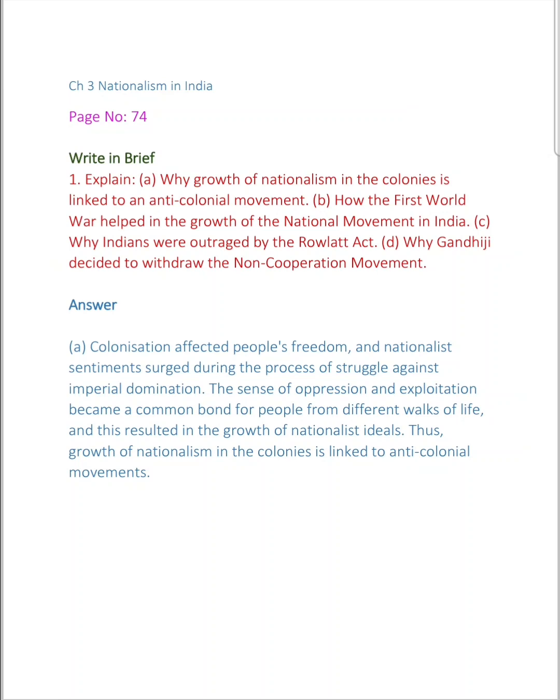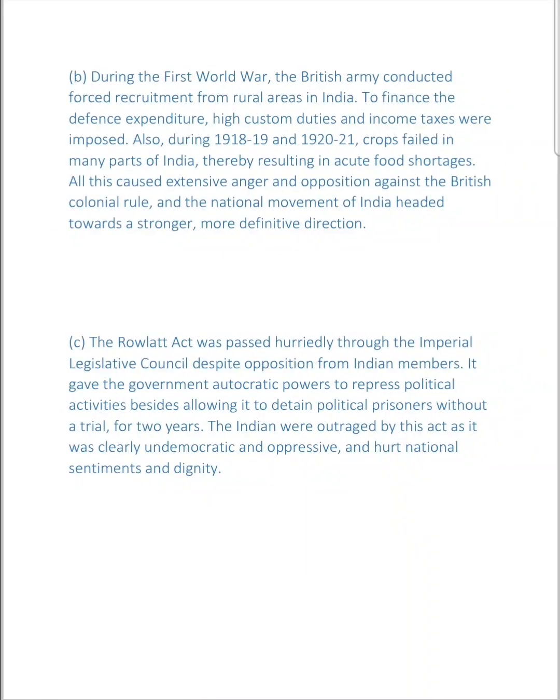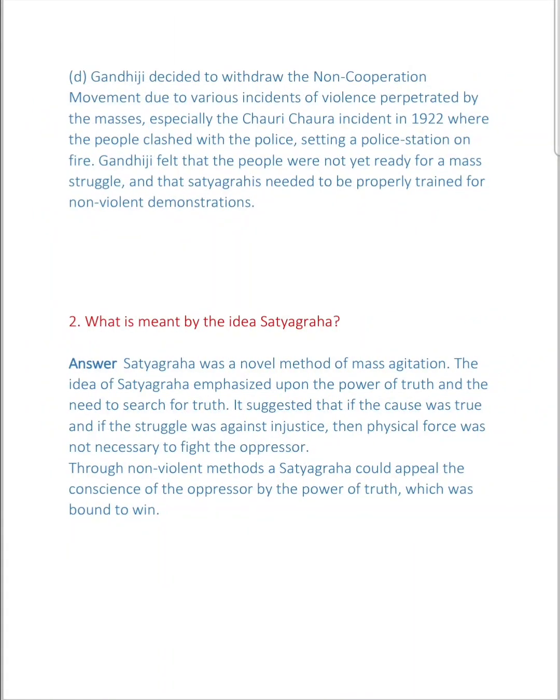Part D: why Gandhiji decided to withdraw the non-cooperation movement. Answer: Gandhiji decided to withdraw the non-cooperation movement due to various incidents of violence perpetrated by the masses, especially the Chauri Chaura incident in 1922, where the people clashed with the police, setting a police station on fire.